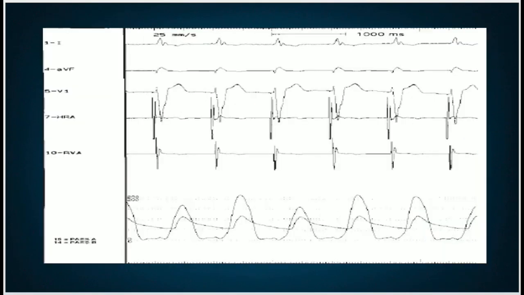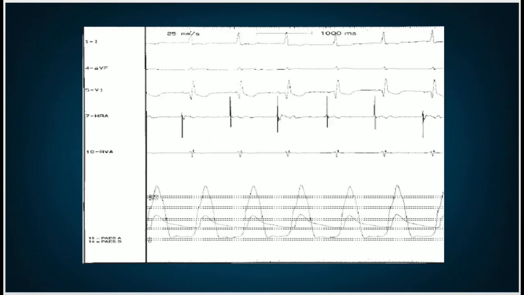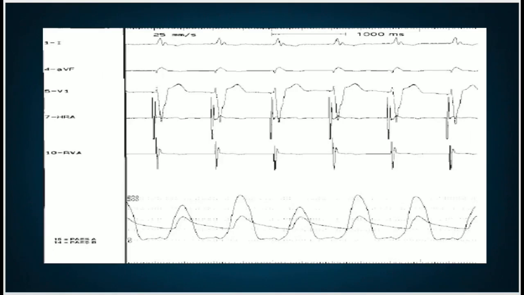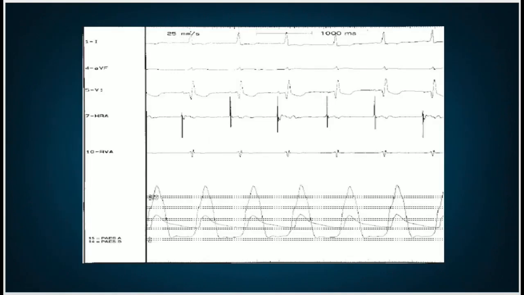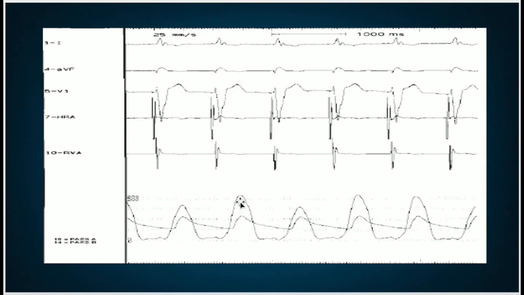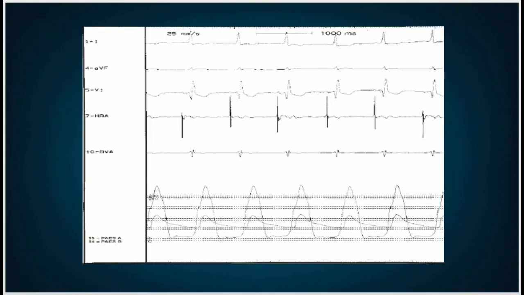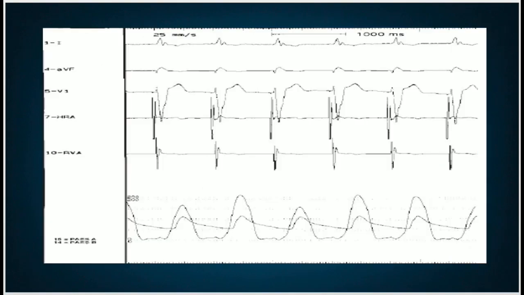You can see in this tracing, with AV sequential pacing at an interval of 75 milliseconds, the pressure gradient decreases to 50 to 90 millimeter mercury. The beat-to-beat variability of measurement of this gradient is highlighted by the bottom tracing.